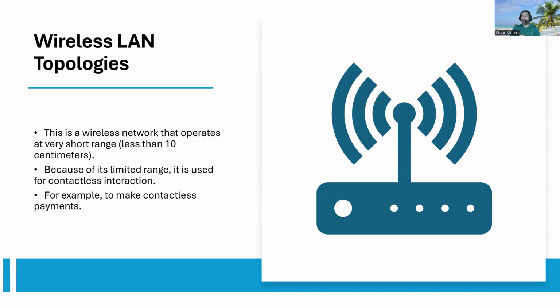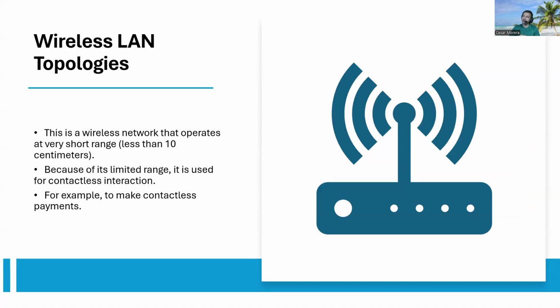Wireless LAN topologies. This is a wireless network that operates at very short range, less than 10 centimeters. Because of its limited range, it is used for contactless interaction.